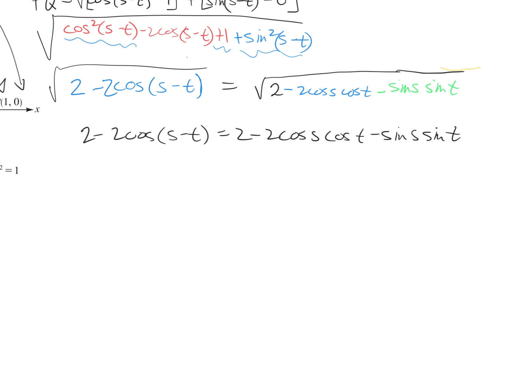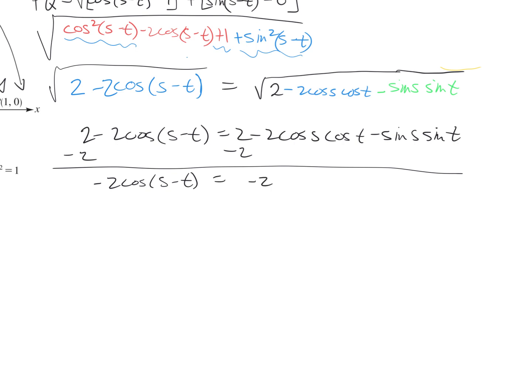Okay. Then of course, if I subtract 2 from both sides, I'm left with negative 2 cosine of s minus t equals negative 2 times cosine s cosine t minus sine s sine t. Great. I forgot that there was supposed to be a 2 right there, so I added that in.